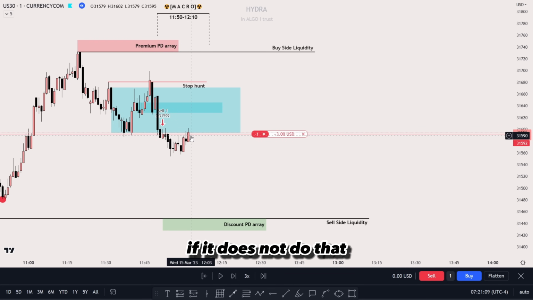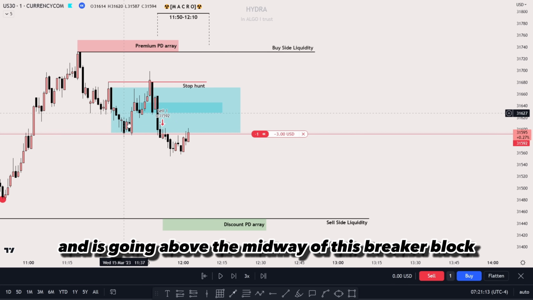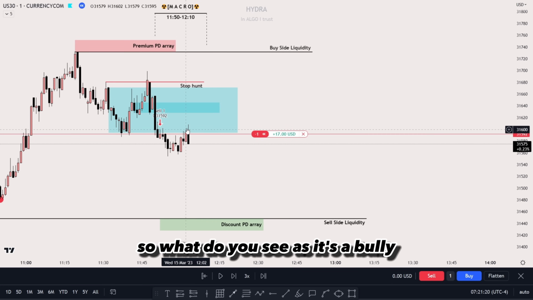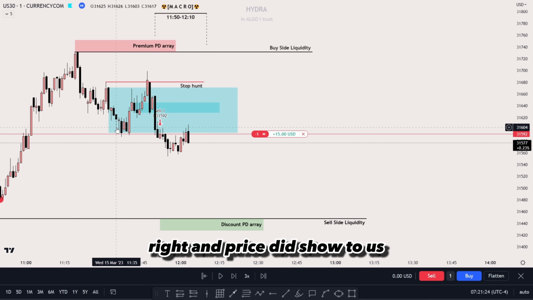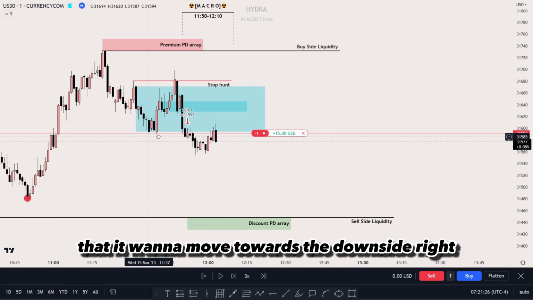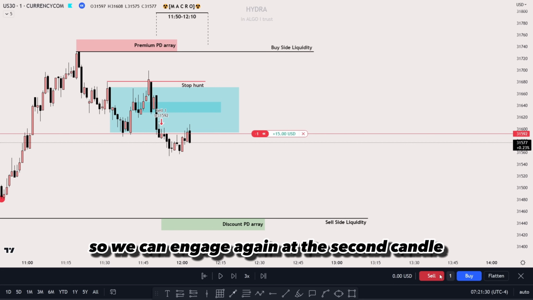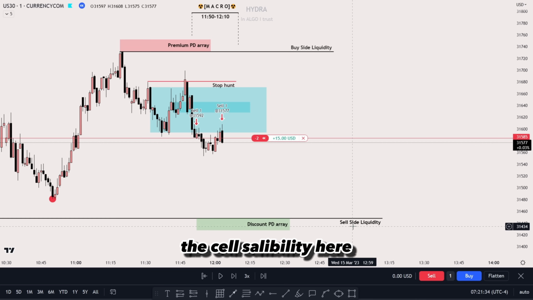If it does not do that, and suppose it's moving aggressively towards the buy side and is going above the midway of this breaker block, you should close your trade. So what do you see? It's a bearish candle, right? And price did show to us that it wants to move towards the downside, right? So we can engage again at the second candle, and our target will remain the same, the sell side liquidity here.